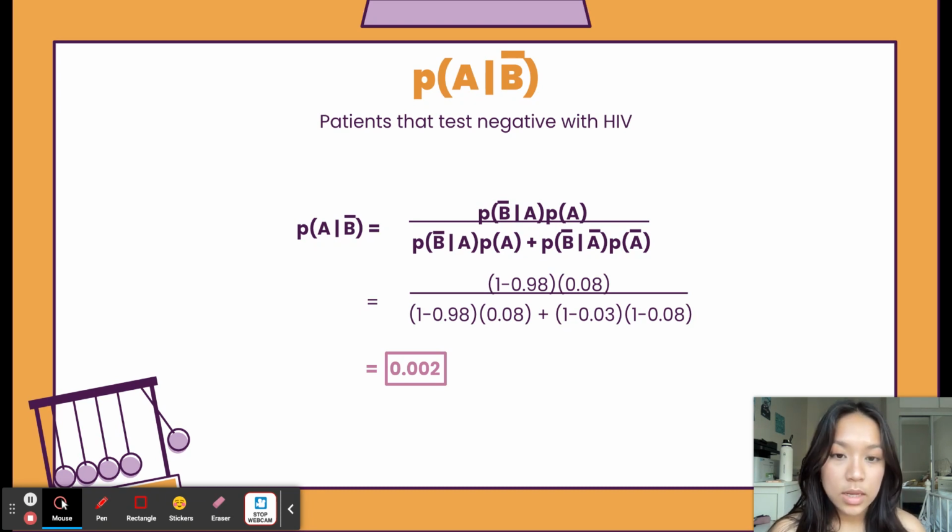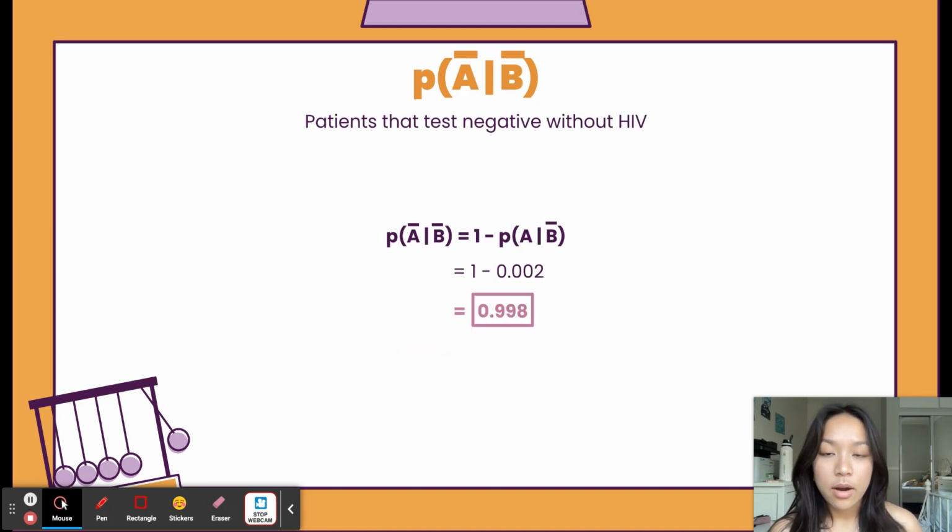The other ones we did have to find by finding the complement and subtracting it from 1, or from the full set. So that's how we got 1 minus 0.98, or B complement given A. And also the same with B complement given A complement, which is just 1 minus 0.03, and the same thing with A complement, like we found in our last problem, 1 minus 0.08. So after plugging all those numbers in, we're going to get 0.002.